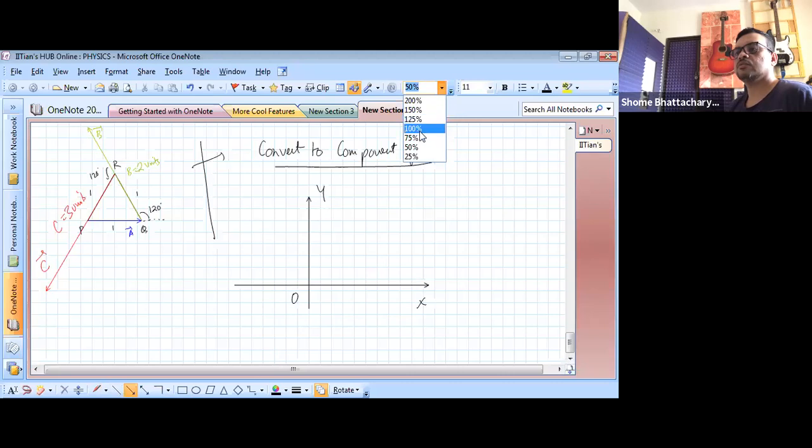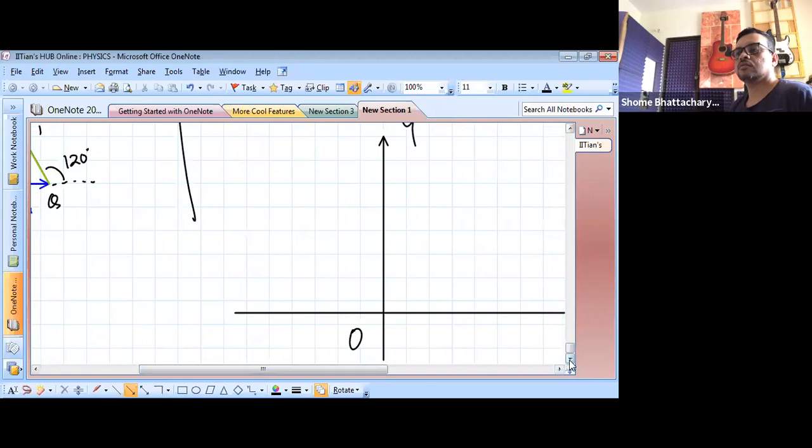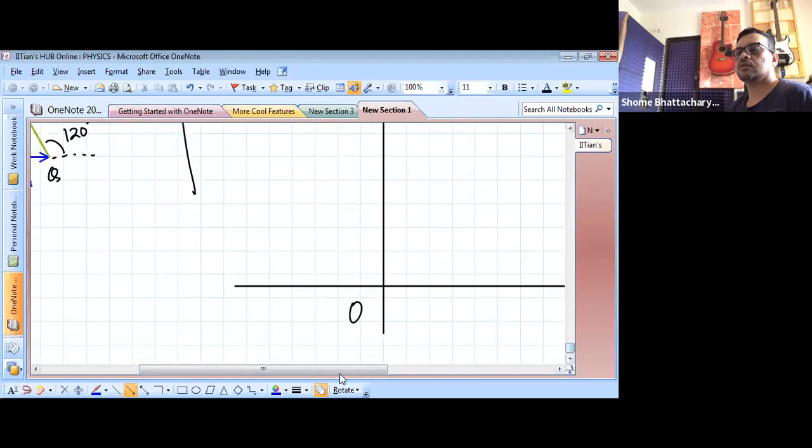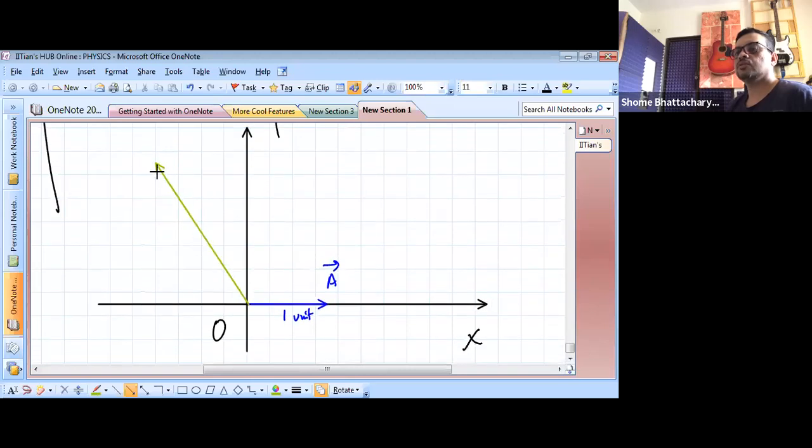Vector A would lie somewhere here, let's say. This magnitude is 1 unit. Vector B would in comparison lie over here, at 120 degrees, and its magnitude is 2 units.